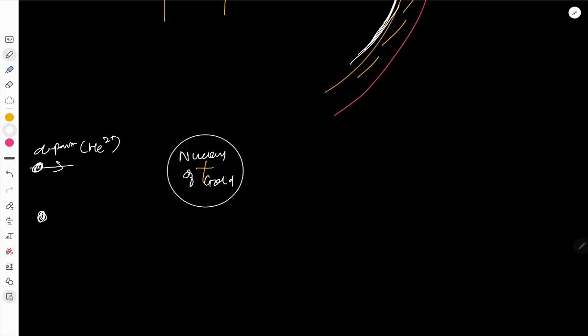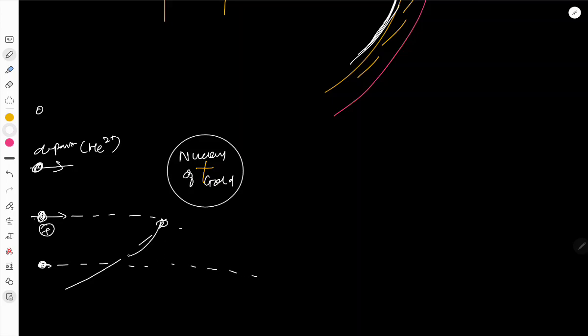If I am bombarding it down from here, then it will go, and as the positive charges repel, it would go in that direction. And to correct me, it would not go in this direction but something like this. And if there's a particle here, then it would go something like this.